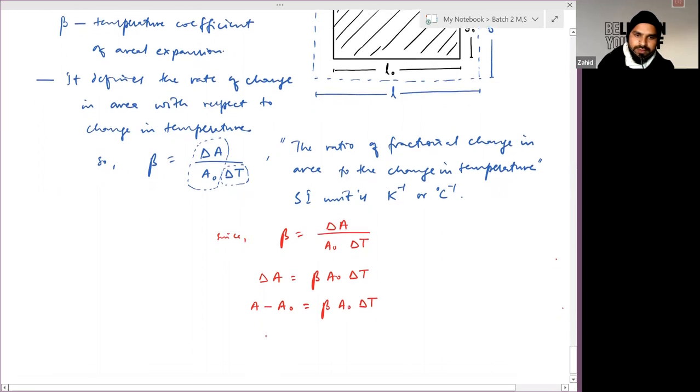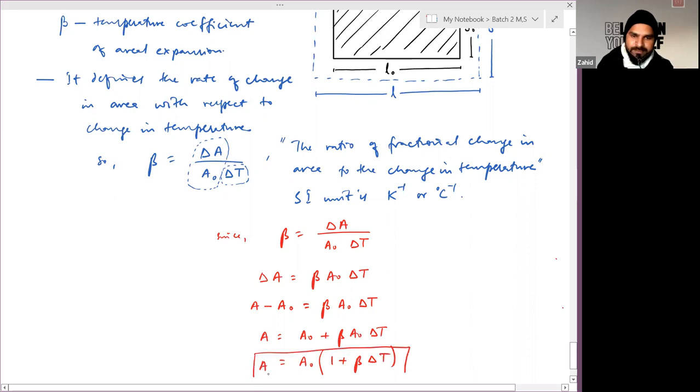So it will become A equals A naught plus beta A naught delta T. Now take out A naught as common. So you are left with A naught times (1 plus beta delta T) equals final area. This will be the expression for getting area at any instant on changing temperature.